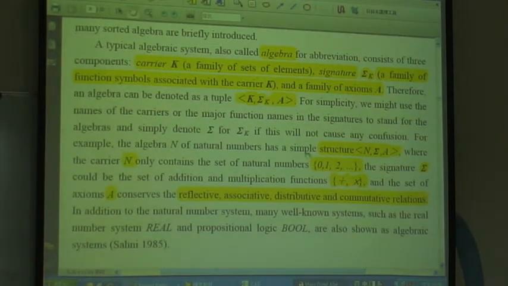For example, we can construct a simple structure algebra N, sigma, A. N is the carrier, N is the natural number. Okay, natural number is a set of entities, right? 所以它这个自然数 0、1、2、3、4、5 这样一直过去，这个就是一个自然数，就是个 carrier.